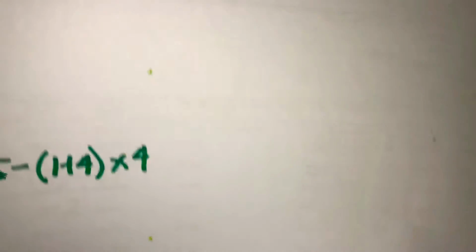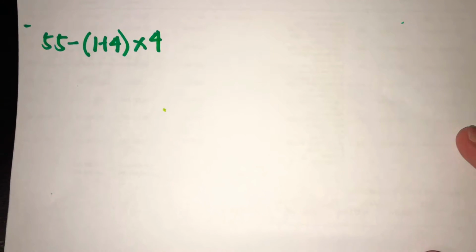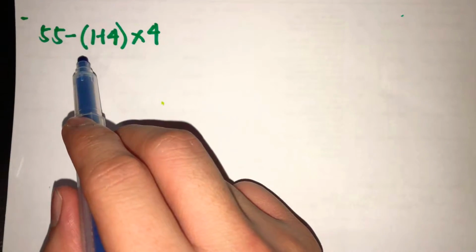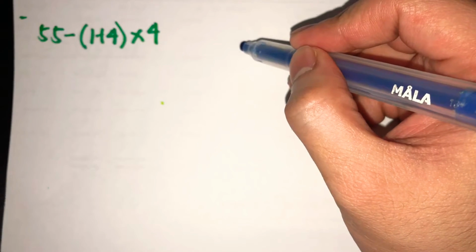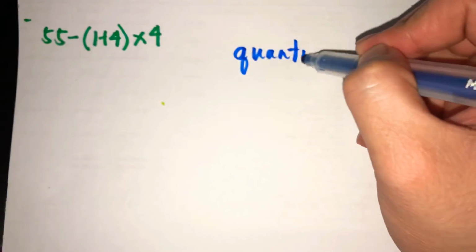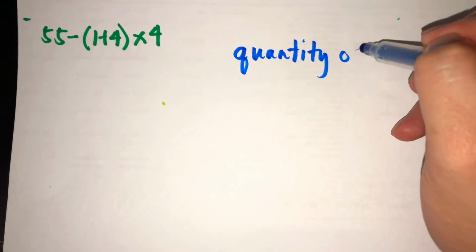Now, for the next example, we have 55 minus the quantity of 1 plus 4 times 4. Normally, if we have a bracket in an operation, we read it as quantity of.